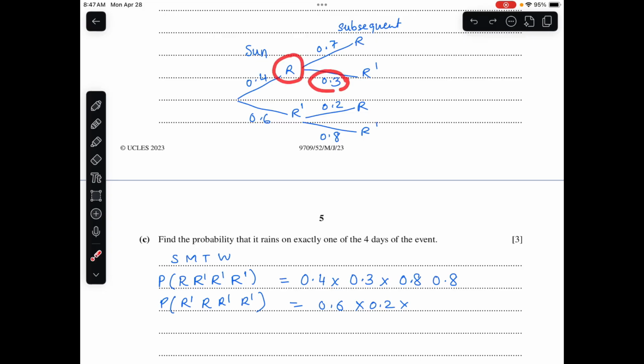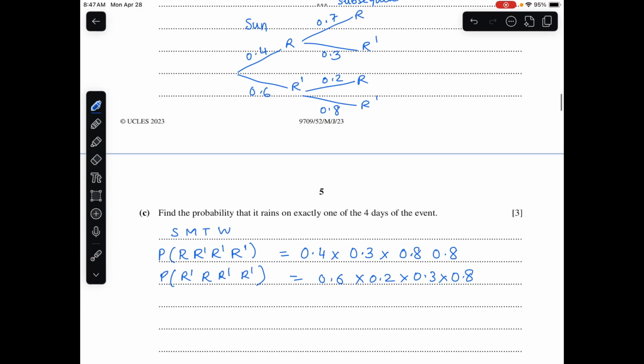It's going to be 0.3. And it didn't rain on the previous day, so we are here again, and we look at it doesn't rain on the next day again, which would be 0.8. So you have to constantly see the previous day whether it rained or it didn't rain, and then you move back. If it didn't rain, you move back here. If it rained, you move back here, and then you decide if it's raining or not raining.